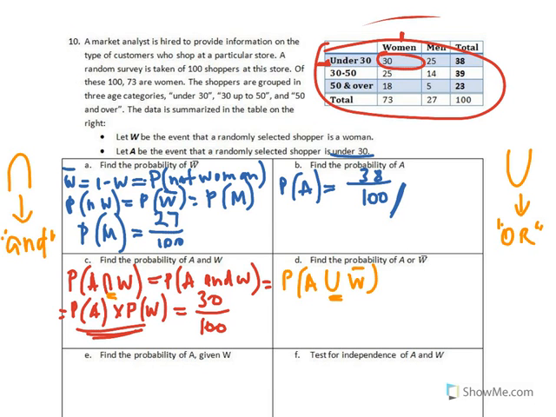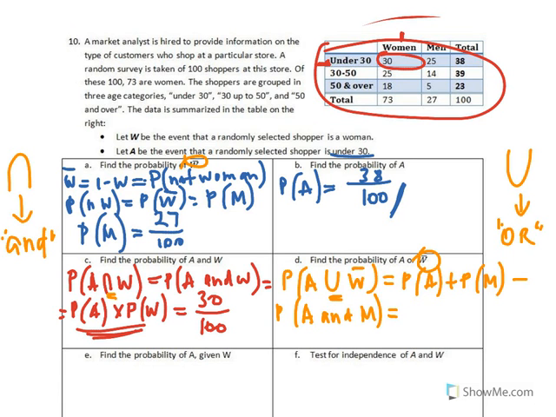So the probability of event A or not W will be equal to, since we have OR, we have to add the probability of event A plus the probability of men, because not W, remember, was the probability of men, minus the probability of A and men.